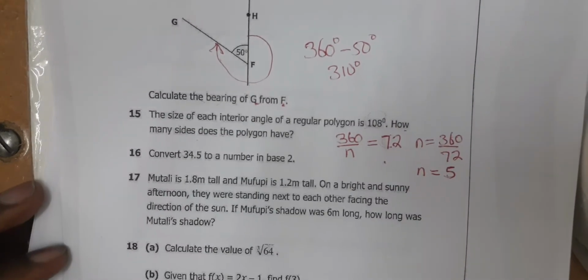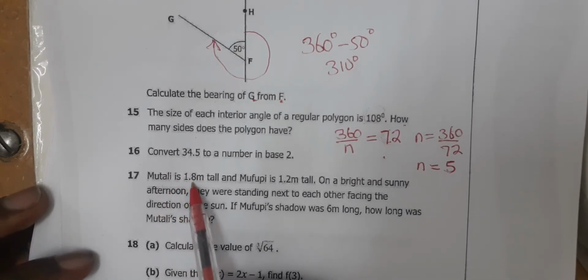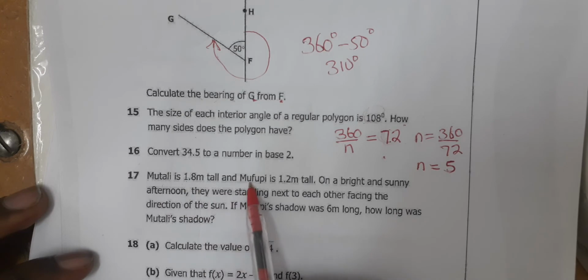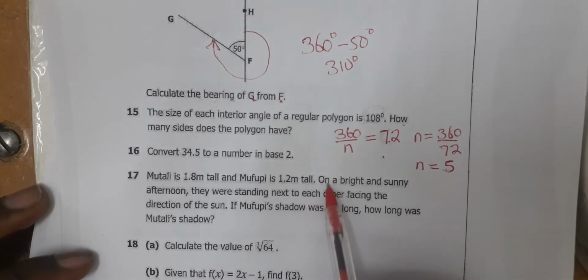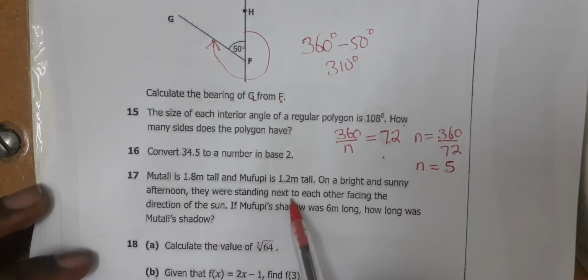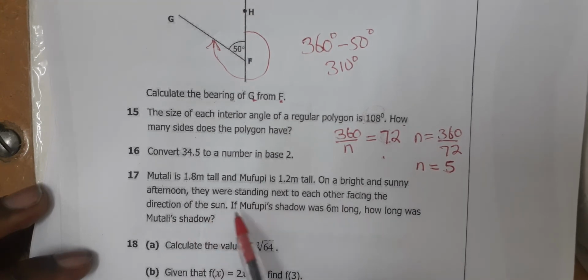Okay, so question 17. Mtali is 1.8 meters tall and Mfupi is 1.2 meters tall. On a bright and sunny afternoon, they were standing next to each other, facing the direction of the sun.